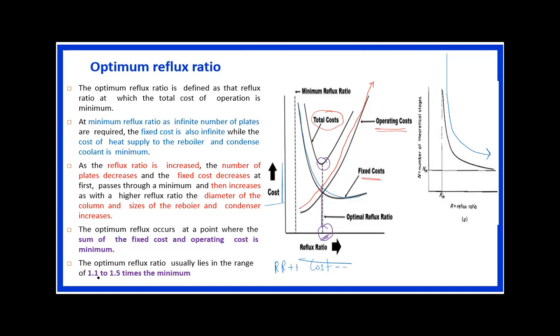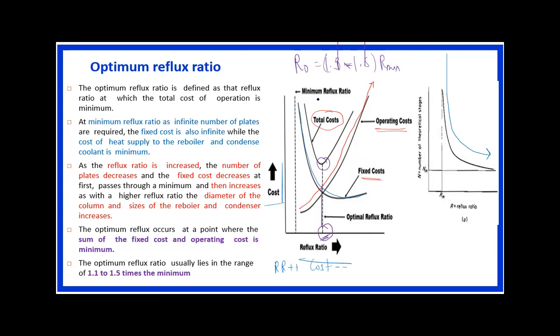But generally the optimum reflux ratio usually lies in the range of 1.1 to 1.5 times the minimum reflux ratio, right?